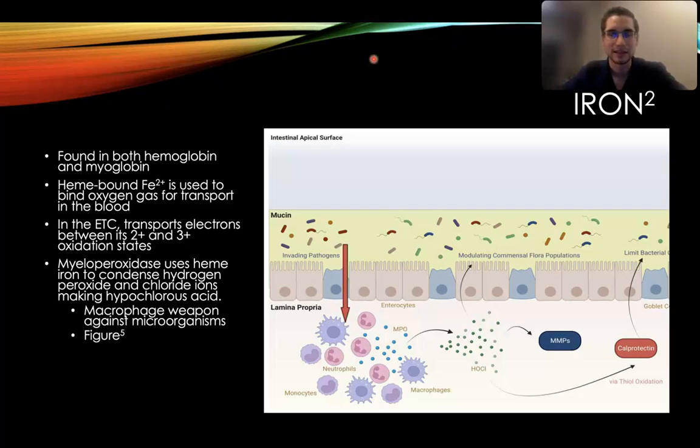So that is like a small tool that these macrophages are able to use to help break down and kill bacteria and other pathogens. And we see that down here where we have our macrophages, our myeloperoxidase, and this forms our hypochlorous acid, where we can see it goes back into limiting the bacteria in the mucin.